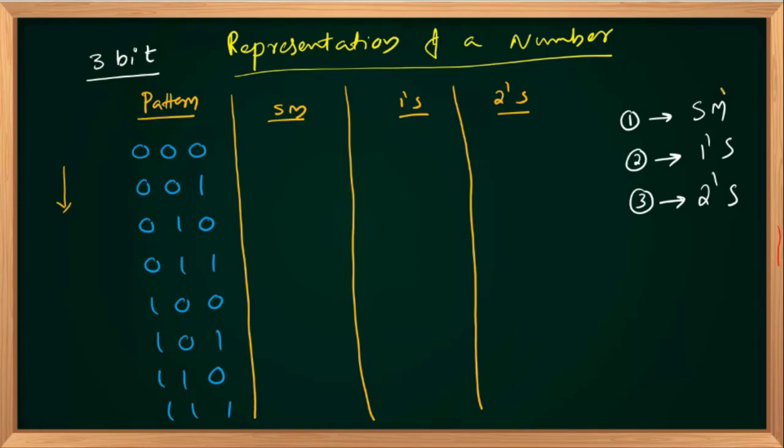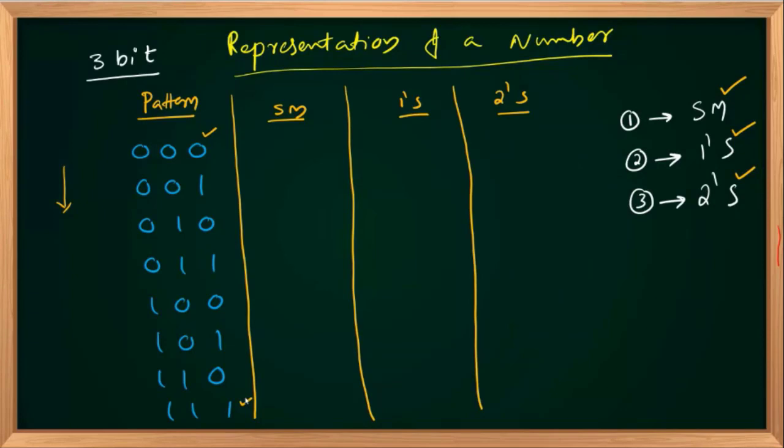He can go for a signed magnitude representation using 3 bits, or ones complement representation using 3 digits, or two's complement representation using 3 digits. So to identify the actual value of the number represented, your friend should tell you which scheme he has used.